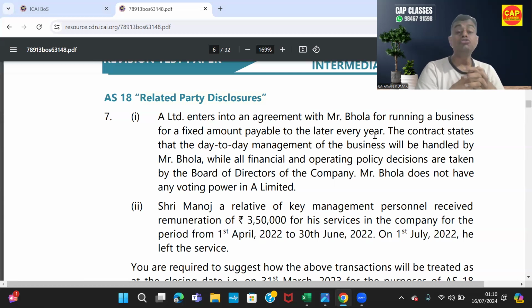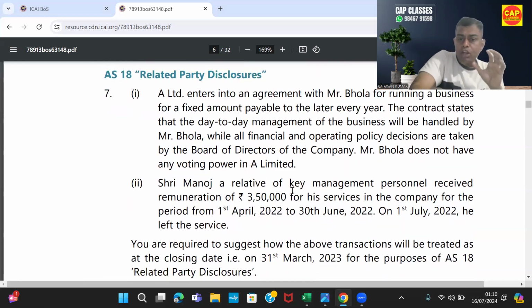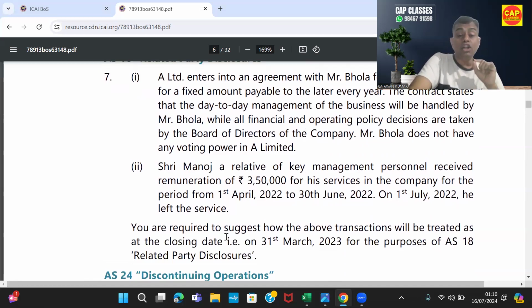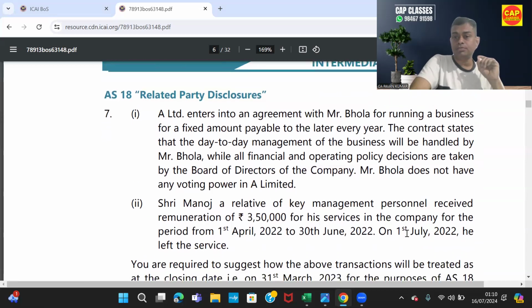Mr. Bhola does not have any voting power in A Limited. I'm skipping point number 2 for now. You are required to suggest how the above transaction will be treated as at the closing date, that means 31st March 2023, for the purpose of accounting standard 18 related party disclosures.